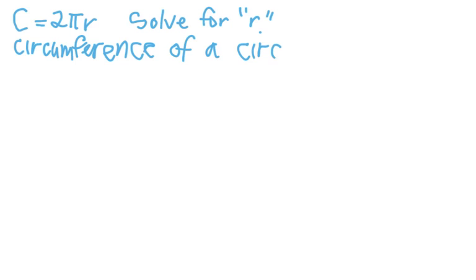And the circumference is the outside. So if I have a circle, it's the distance around a circle. So what I need to do is, it says I got to solve for r. So I'm going to right now underline the r. And I'm going to remember that that means that r has to stand all by itself.